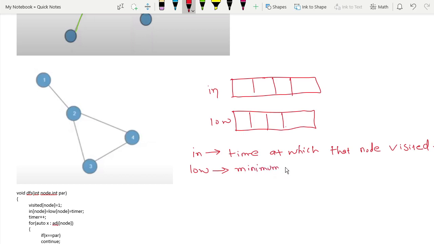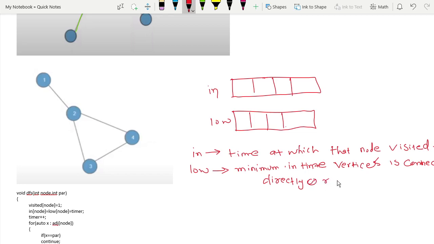The minimum in time vertex, the vertex having the minimum in time, to which it is connected directly or indirectly.